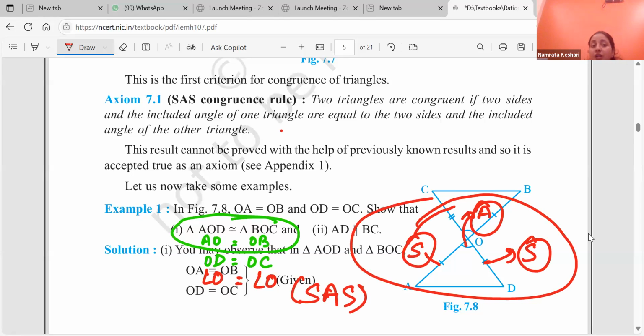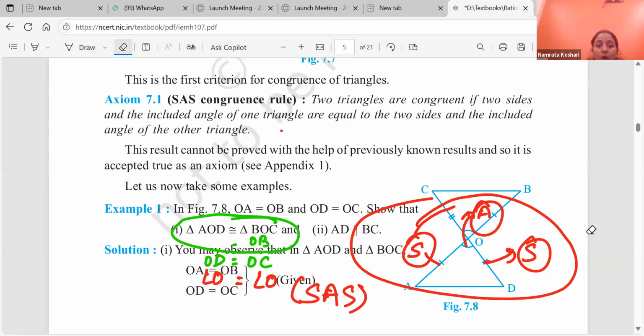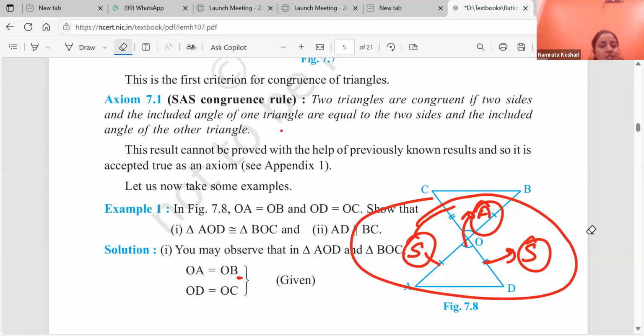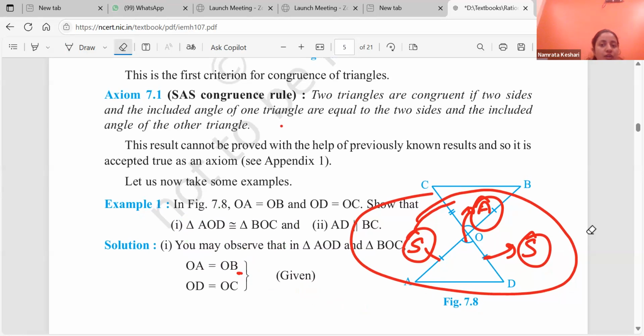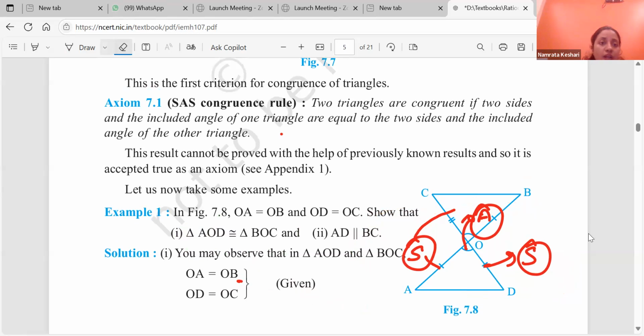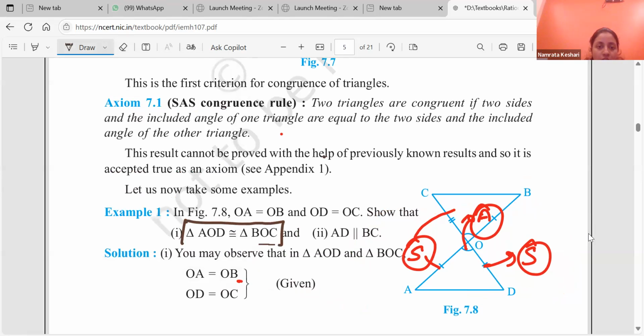After proving the congruency, we get so much information from here. Let me write all the information, because there is part 2 which I can see over here. The moment you prove these two are congruent, confidently you can say AO and BO will be the same. Maybe it was already given, doesn't matter. We are just making the list of the things which are equal to each other.